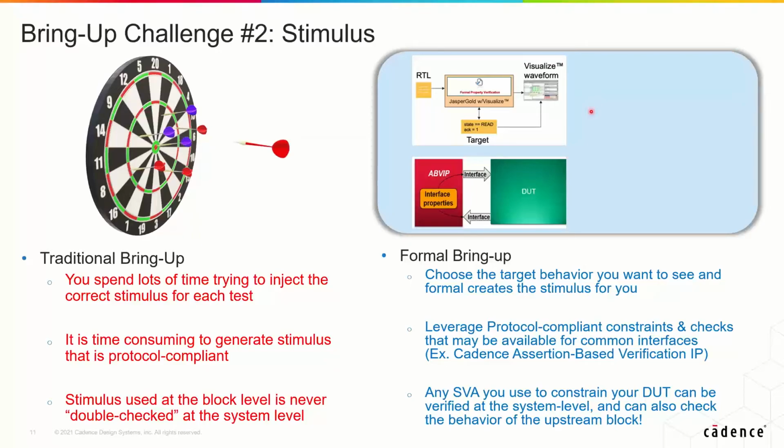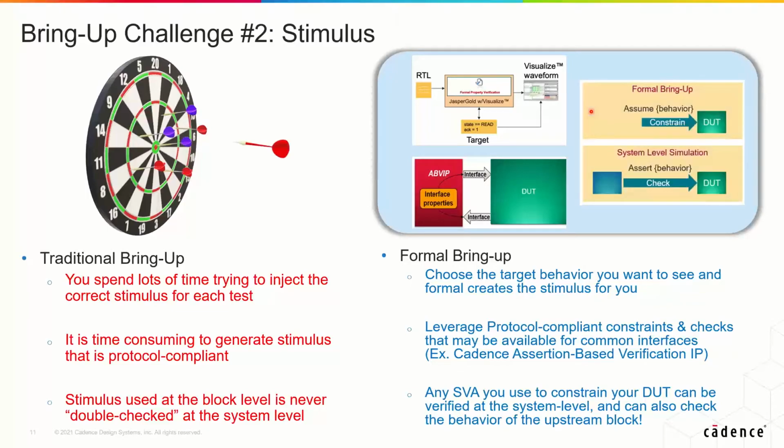For example, you can get an AXI4 ABVIP, which will already contain not only the assumptions to behave as an AXI master, for example, but the assertions to test that your DUT, for example, implements an AXI slave. And finally, you can actually use those constraints, again, the ones that you've written on the interface, on a higher level to verify that the higher level is then implemented according to spec.